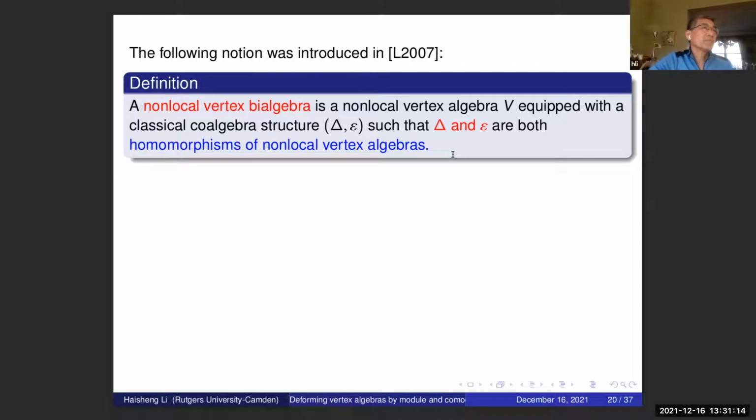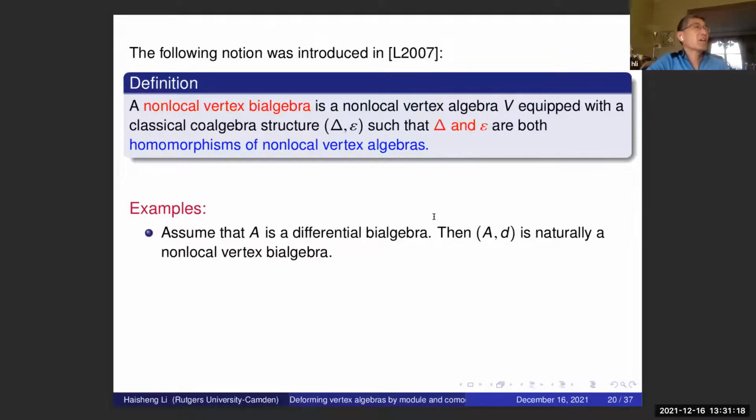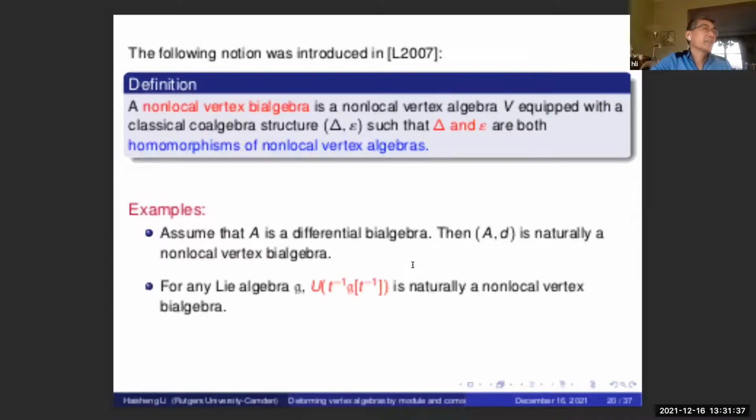So here, just the standard classical coalgebra structure. So some examples. First, if A is a differential bialgebra, then using Borcherds' construction, we have a vertex algebra. And also at the same time, we have a coalgebra structure. Then that is a bialgebra, a vertex bialgebra.